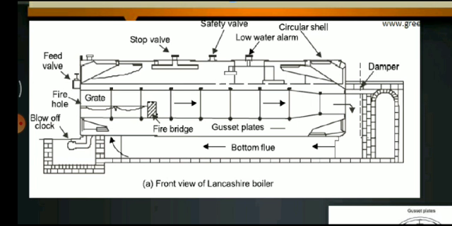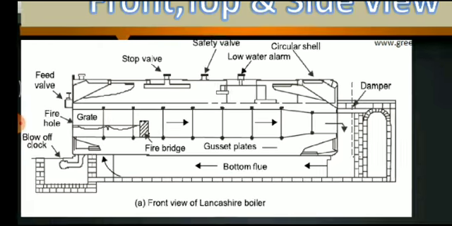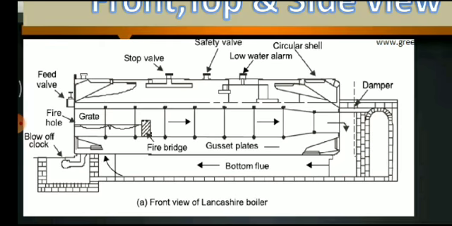The fuel goes in the upward direction. Here is the fire hole, and this one is at the top. This is the feed valve, at the left hand side. At the bottom is the blow off cock, then gate valve, stop valve, safety valve, low water alarm, circular shell. This is the front view of the Lancashire boiler.